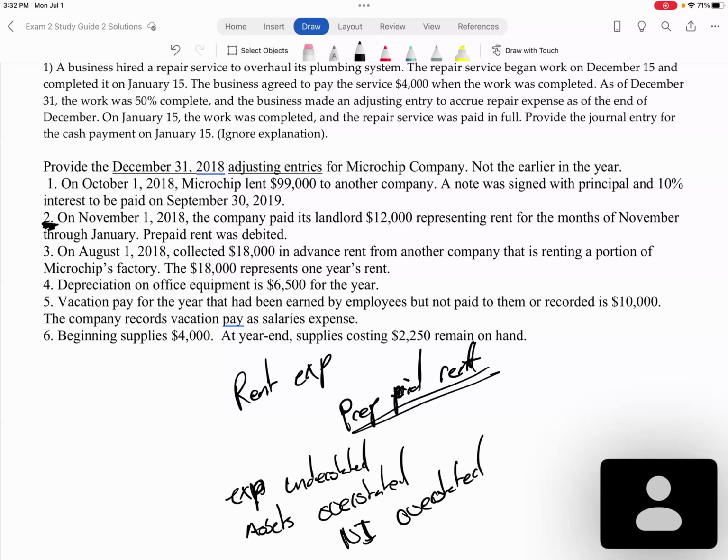Let me see if there are any others here I want to do. Just make sure that we got them. Oh, sorry. So we did depreciation.